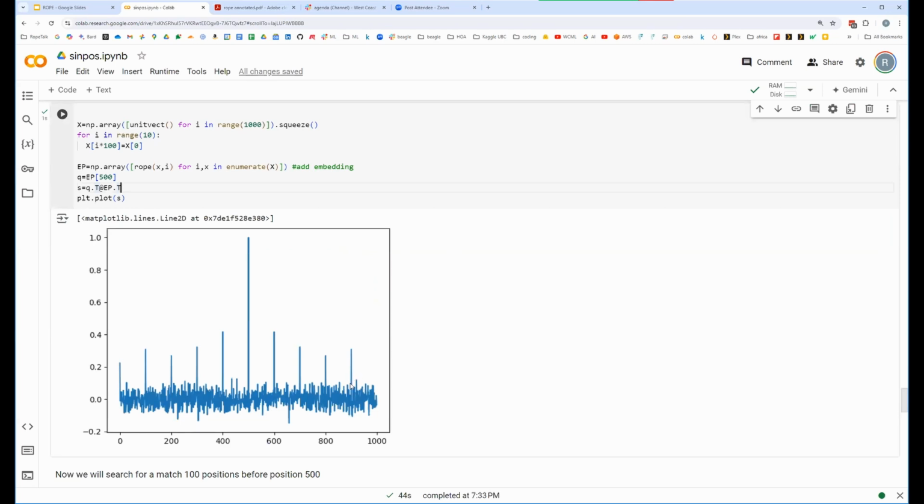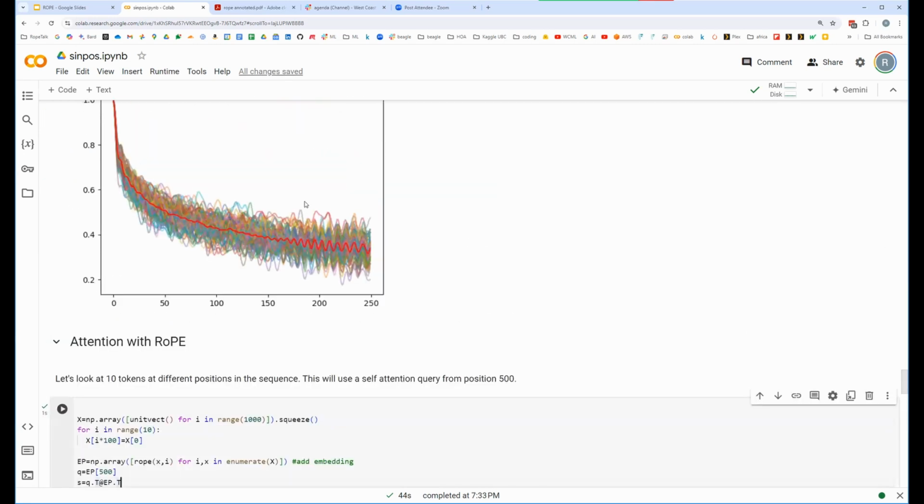Yep. I wasn't expecting that at first. I was thinking it was going to be more like a Gaussian, nice and predictable. But it's a little bit more random than that, based on what your random vector was and how it lines up with the position embedding vectors. But like you said, these should be sampling from this distribution, basically.